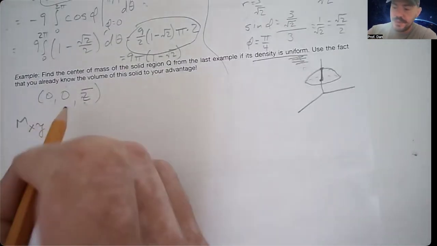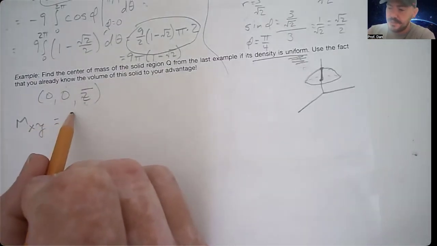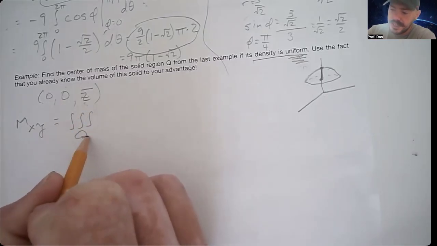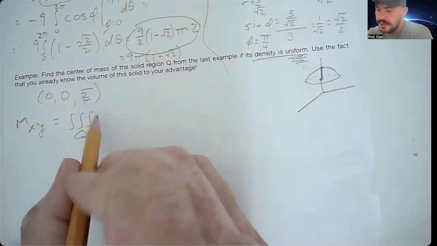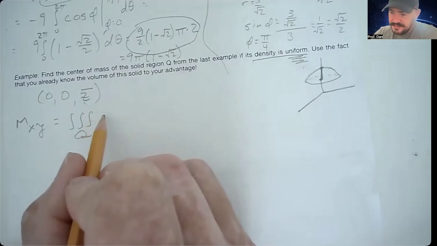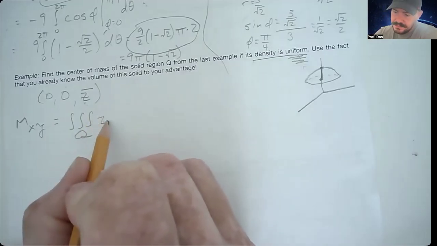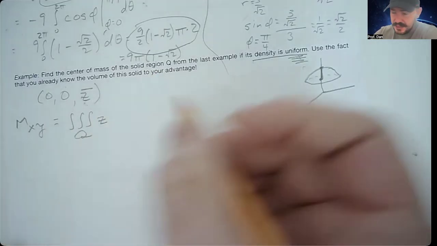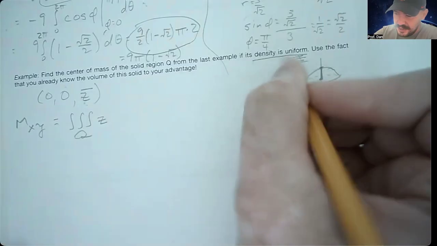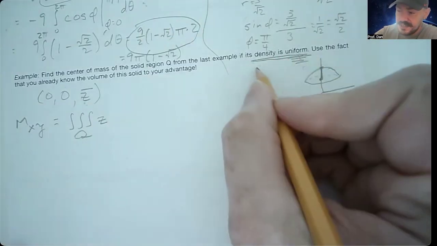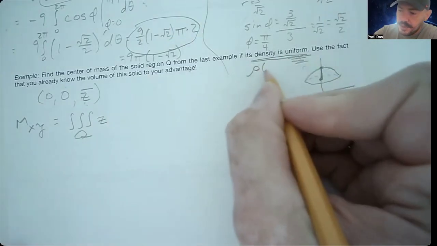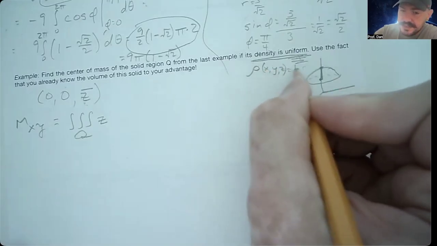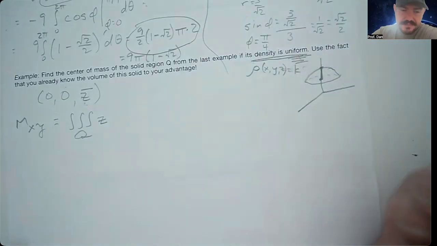So remember how this works. It's basically our integral. In this case, it was our triple integral along the region Q of z, right? That's the variable that's left out, times the density function. And another interesting thing is that if the density is uniform, then rho(x,y,z), the density, is just a constant k.